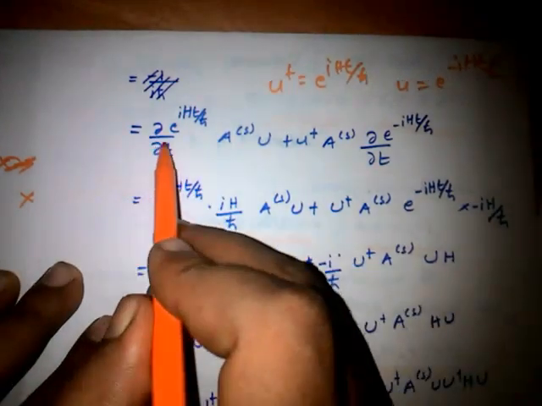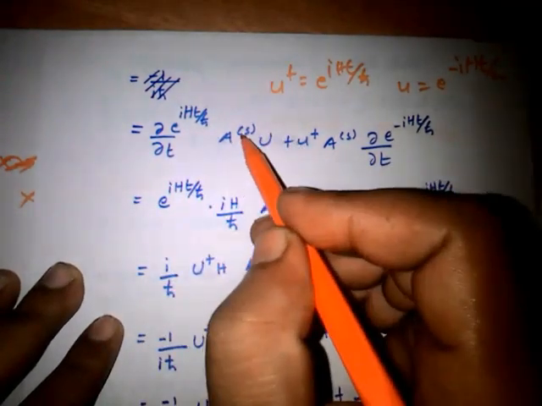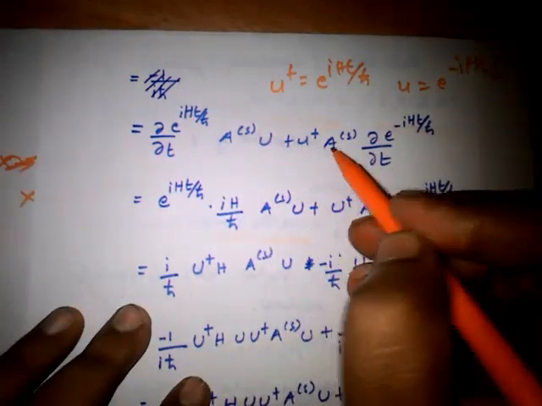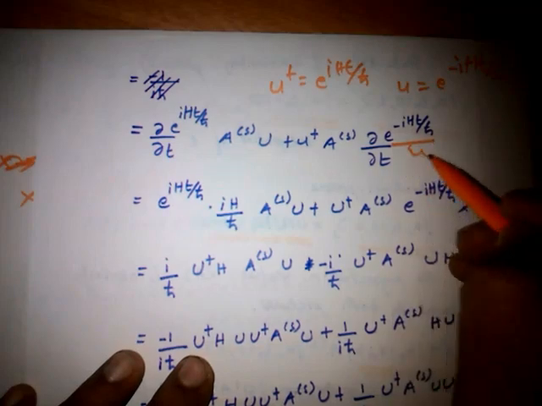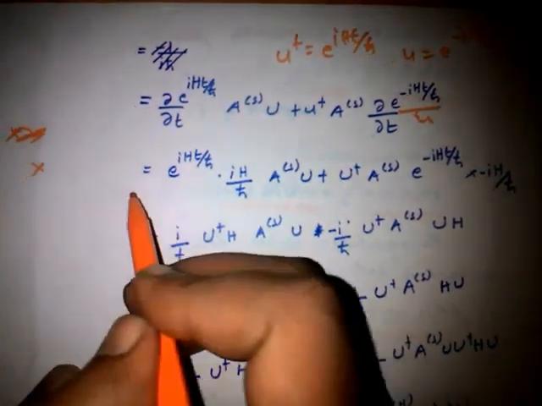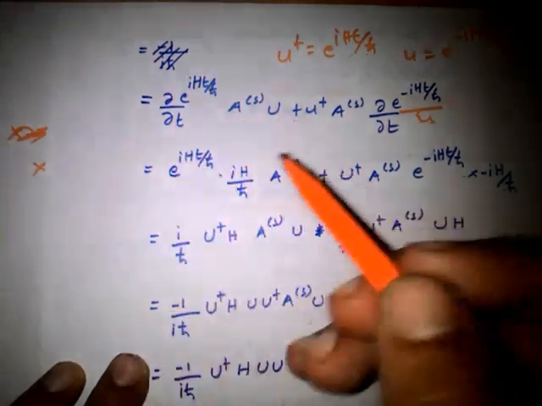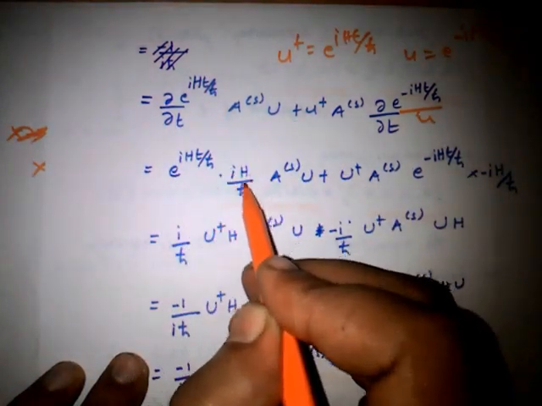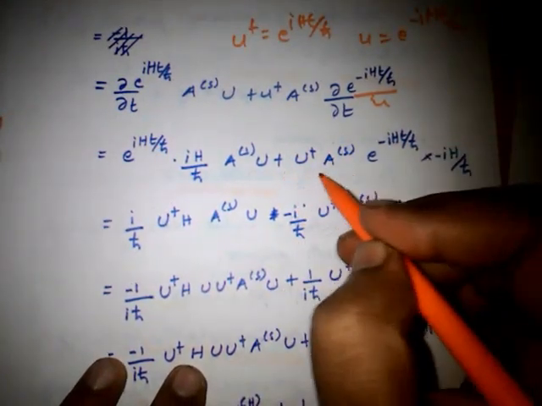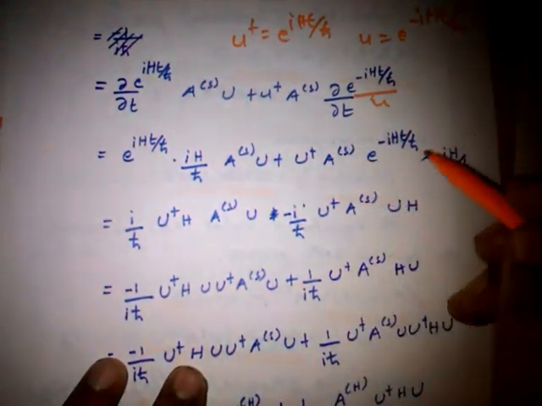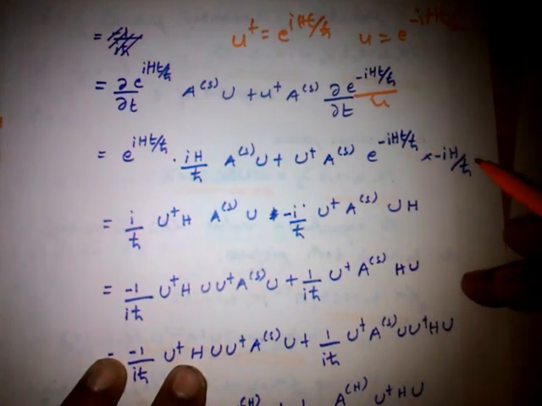So dou U dagger by dou t means differentiating e raised to i H t over h cross with respect to t, which gives e raised to i H t over h cross times i H over h cross, A_S U, plus U dagger A_S e raised to minus i H t over h cross times minus i H over h cross.